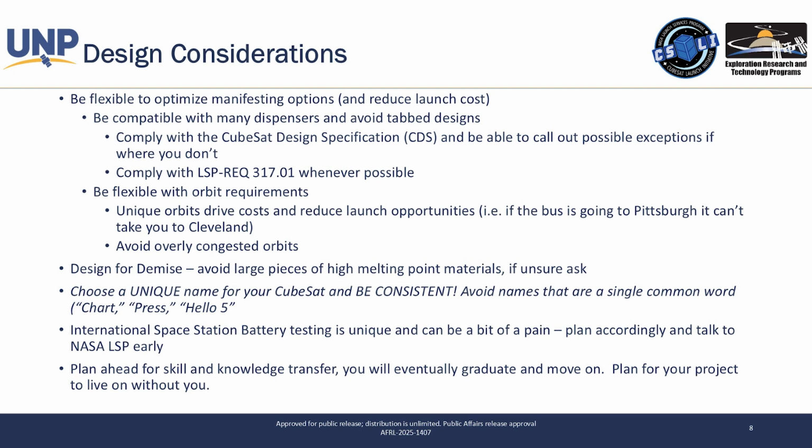So in general, look at the overly congested orbits: 550, sun-sync, Kuiper is going to be coming online shortly. That's another one to think about. Think about those congested orbits, where they are, where they're going, and try not to go there.